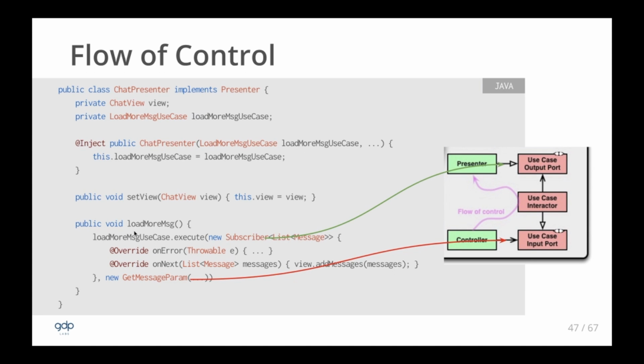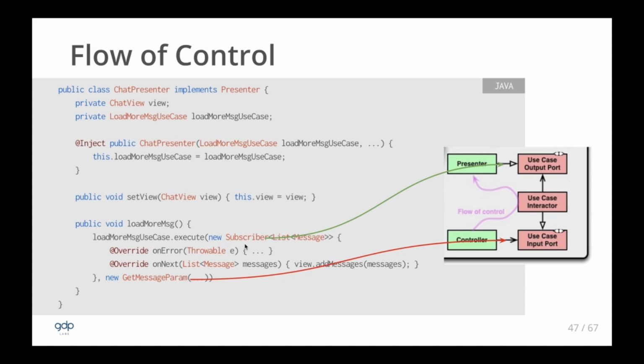Pay attention to this method, load more message. Inside of it, we execute the use case, the load more message use case. And for the first parameter, we implement the subscriber interface here from before, and we expect the output to be list of messages.